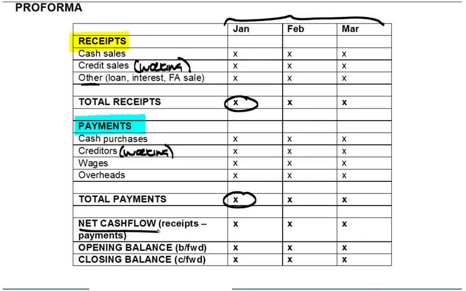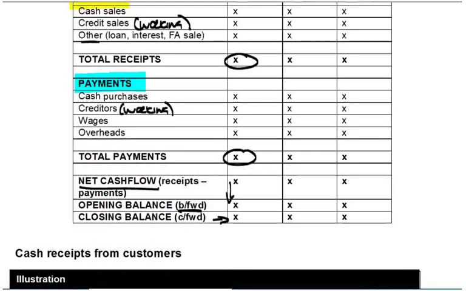Last little bit at the bottom is really about giving us our final cash balance. So we're going to start with our brought forward balance. Our net cash flow is going to be added to that brought forward, which is ultimately then going to give us a carry forward balance. And the main object of this is really to identify, are we going to run out of cash at any point?